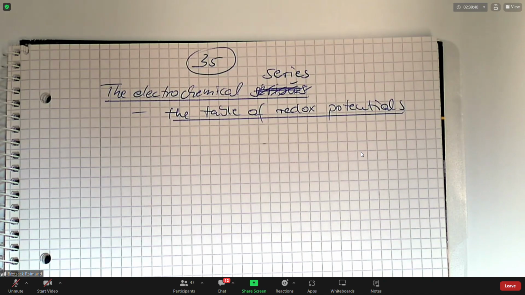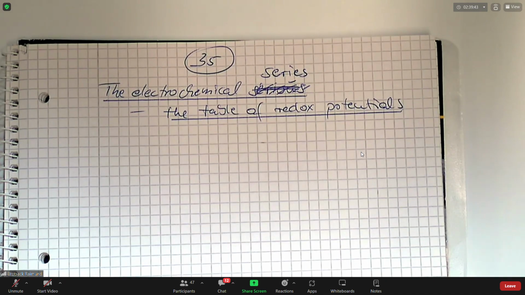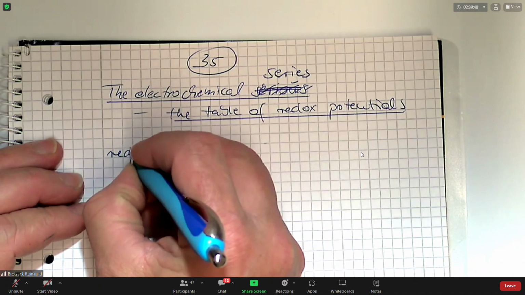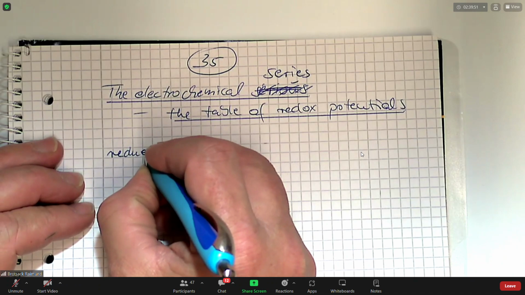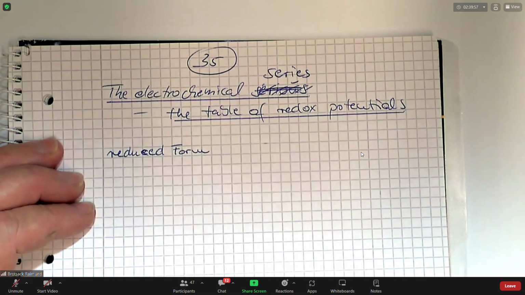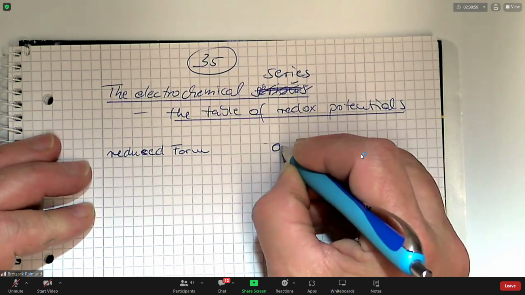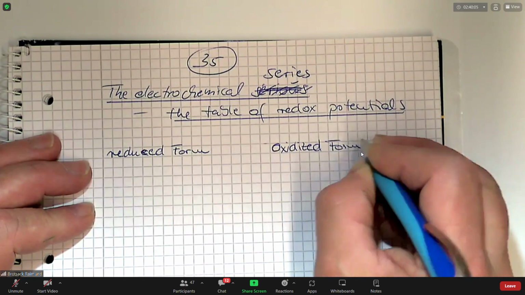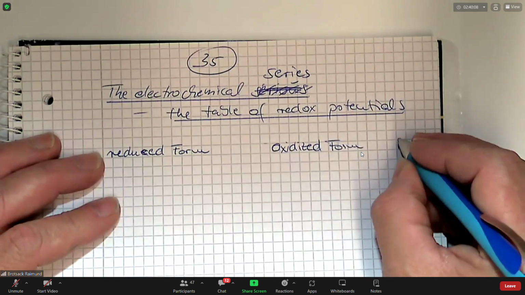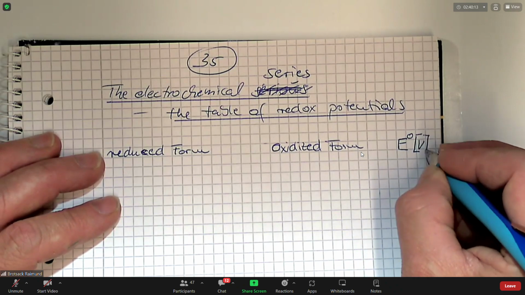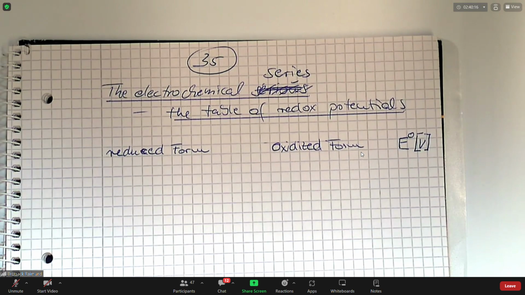It is a very formalized way how to write it. We already know we have a reduced form, and we have the oxidized form. And we have the standard redox potential in volt. E0 means the standard redox potential.